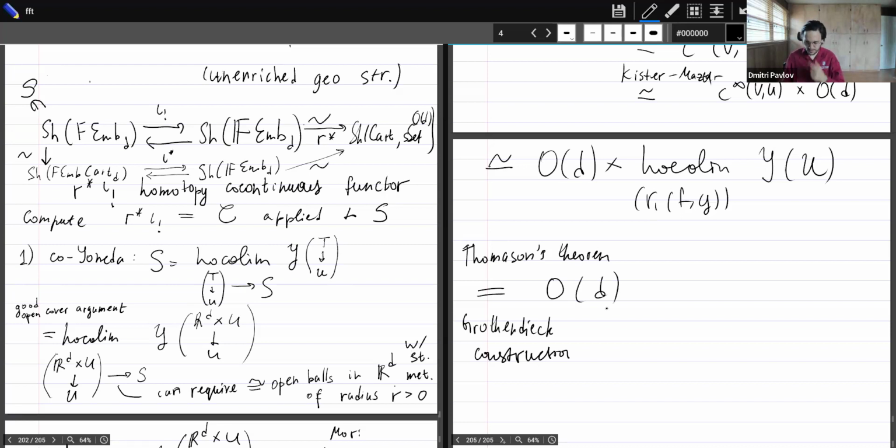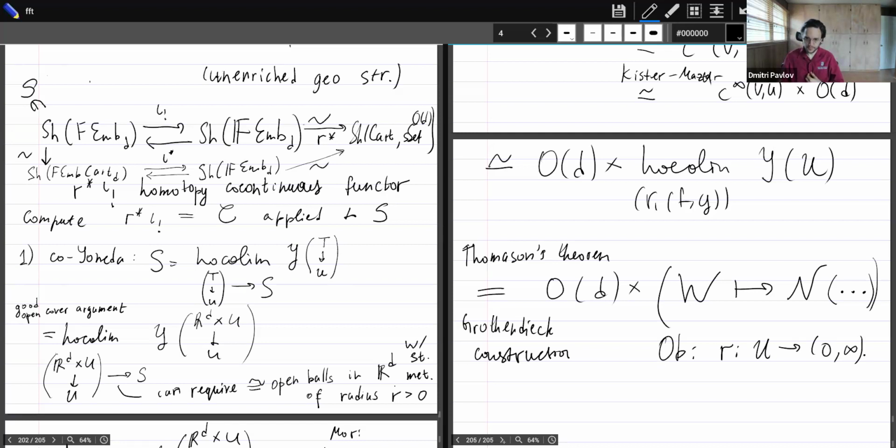So let me keep carrying this OD around, but now the presheaf will send, and I guess at this point I started using W in my notation, W to the nerve of the following category, namely, its objects will be a radius R, a map from U to 0 infinity, and F, a map from W to U. So where did F come from?